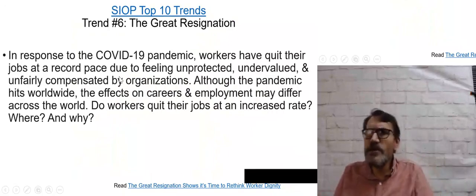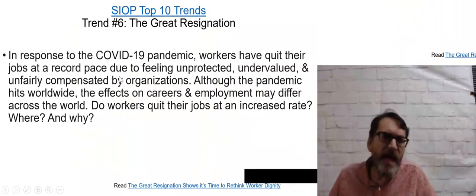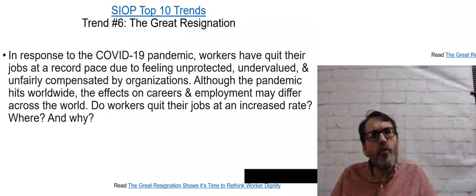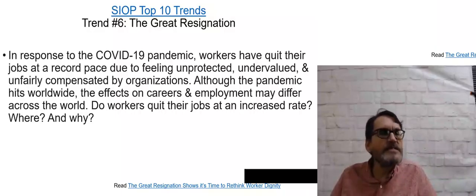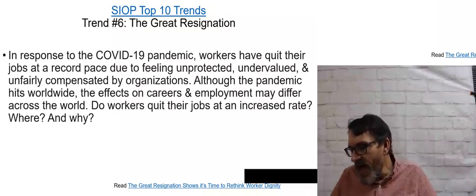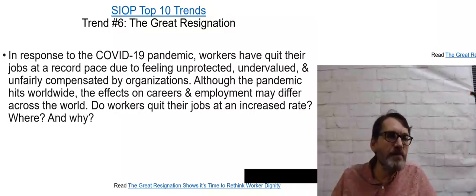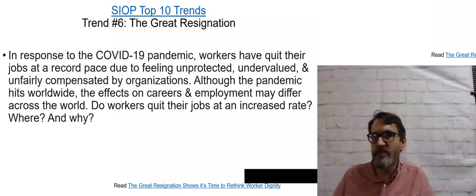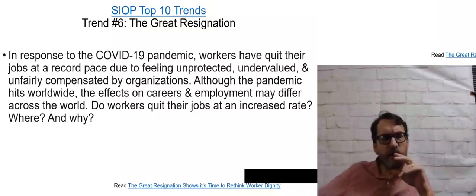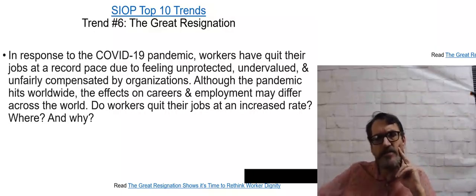The idea of compensable factors is interesting because the way the organization designates compensable factors might not match what workers believe should be compensable factors. One of the big trends in the Society of Industrial Organizational Psychology was the Great Resignation following the COVID pandemic.